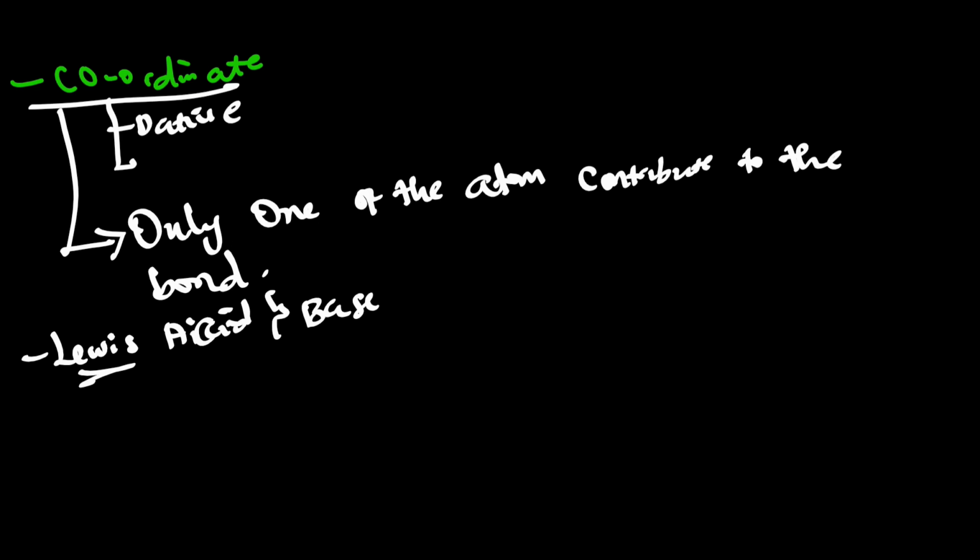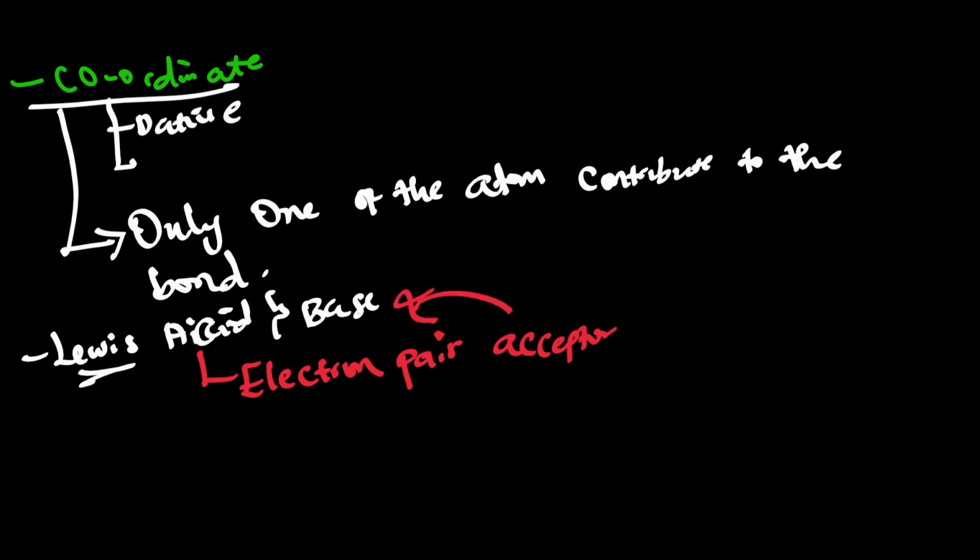So according to Lewis, he said that an acid is actually an electron pair acceptor, right? So an acid is an electron pair acceptor. So the opposite will be for the base, right? So don't forget that. Why, a base is what? An electron pair donor. This is a donor.